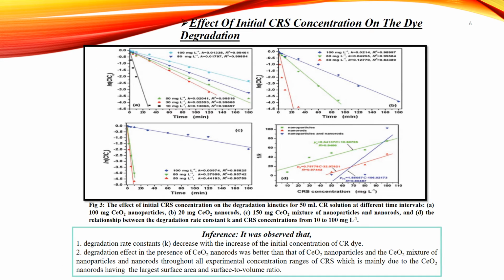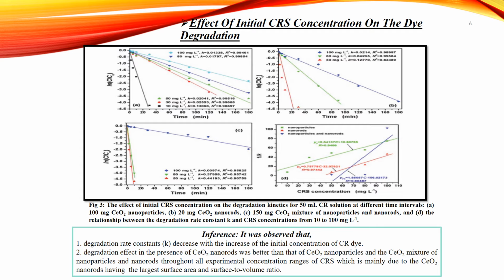Then coming to the effect of concentration of the dye on degradation. Figure 3A, B, C shows the degradation rate constants, which were observed to decrease with the increase in the initial concentration of the dye. This is mainly due to the accumulation of dye molecules absorbed on the nanoparticle structure, which decreases the catalytic efficiency for further degradation.